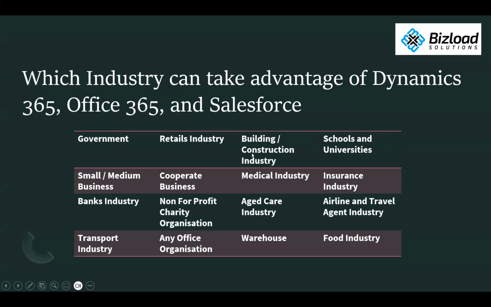Building and construction industries can take advantage of Dynamics 365, Office 365 and Salesforce, and also schools and universities, small, medium-sized and corporate businesses, the medical industry, insurance industry, banks, not-for-profit organizations, aged care industry, airline and travel agent industry, transport industry, any office organization, warehouses, and the food industry.